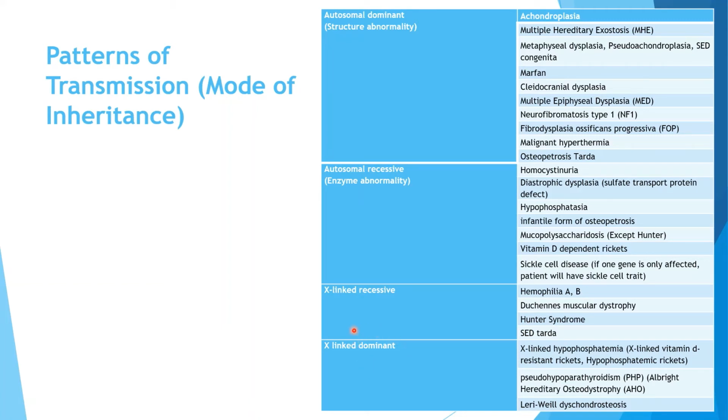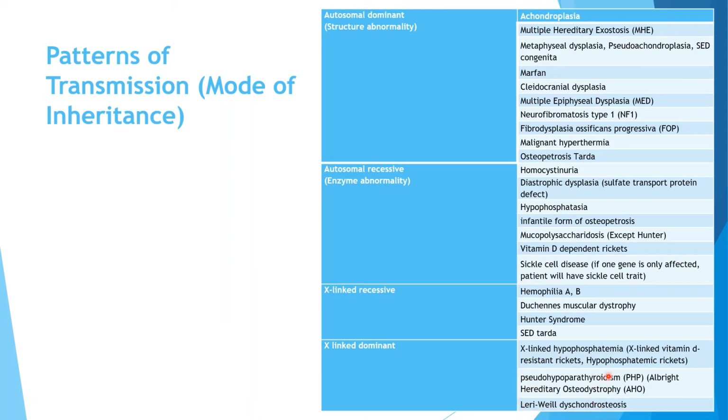X-linked dominant, as I said, the X-linked dominant diseases are not frequent, so they frequently ask it in the exam. The one that you need to know is the X-linked vitamin D resistant rickets, sometimes called the hypophosphatemic rickets. Pseudohypoparathyroidism is also X-linked dominant, and Leri-Weill dyschondrosteosis.